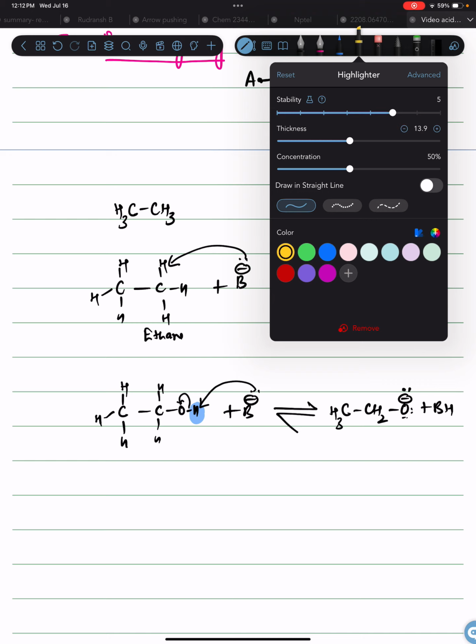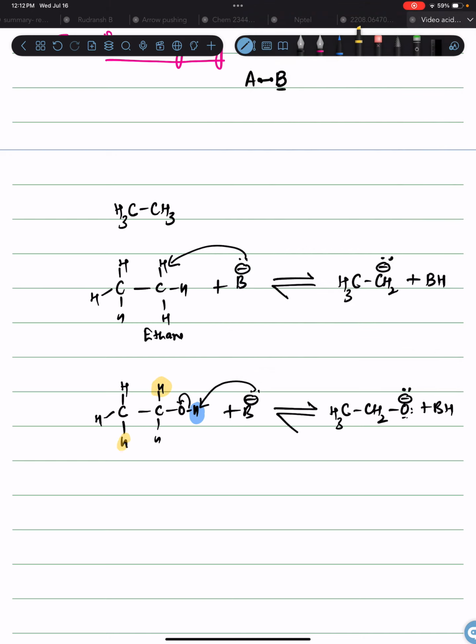The other protons are connected to carbon, and the electronegativities of carbon and hydrogen are almost similar, but there is a big difference in the electronegativity of oxygen and hydrogen. So the shared pair of electrons is more towards oxygen, and this hydrogen is just hanging loose, so any base can come and abstract it easily.